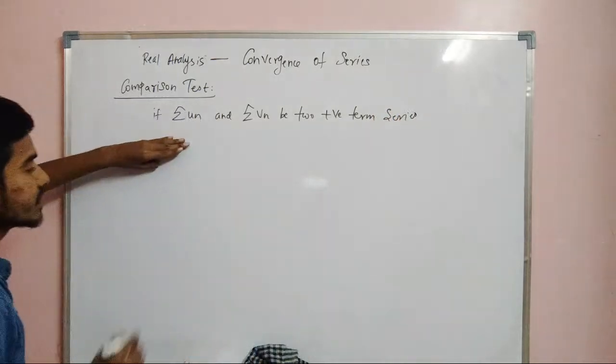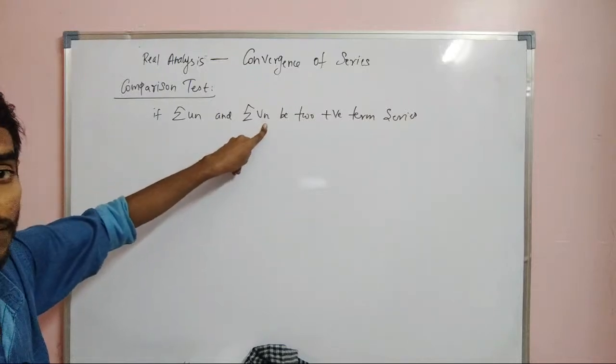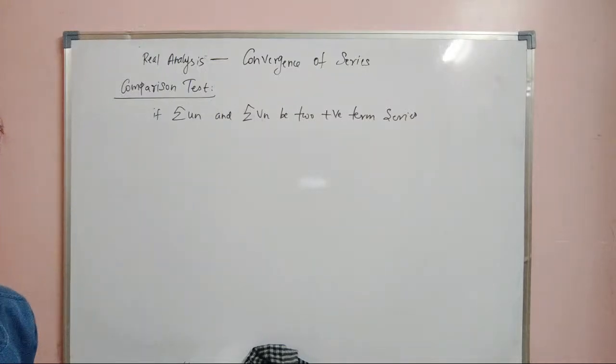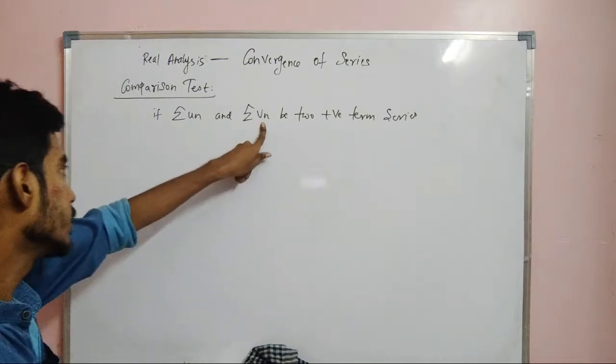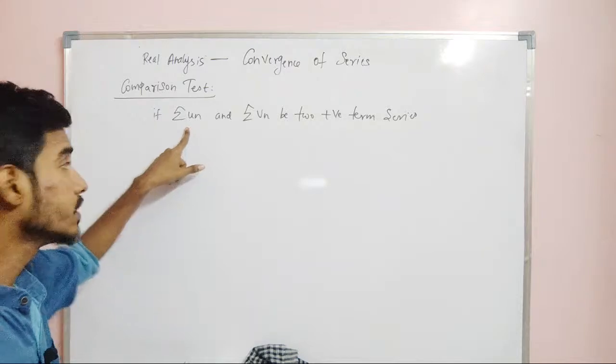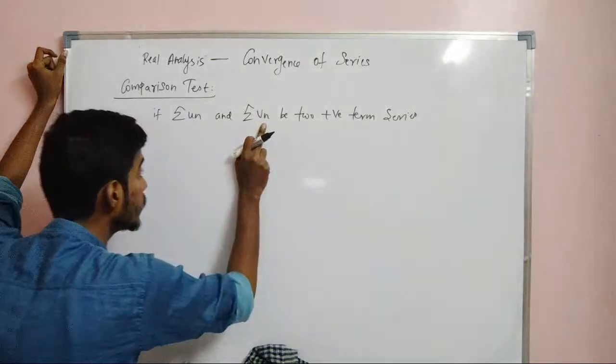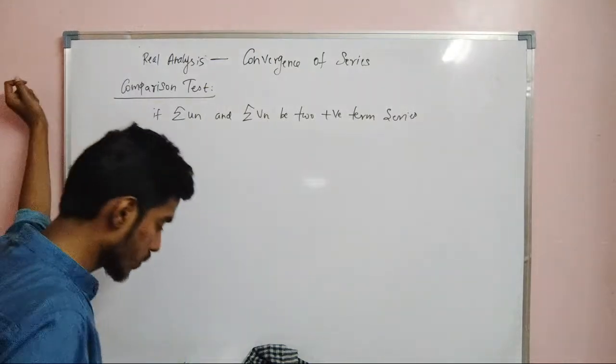So un is a given series. Now you find another series bn from un. When we work out problems, it will be more clear. So un is a given series, and you just have to find bn which is derived from un.